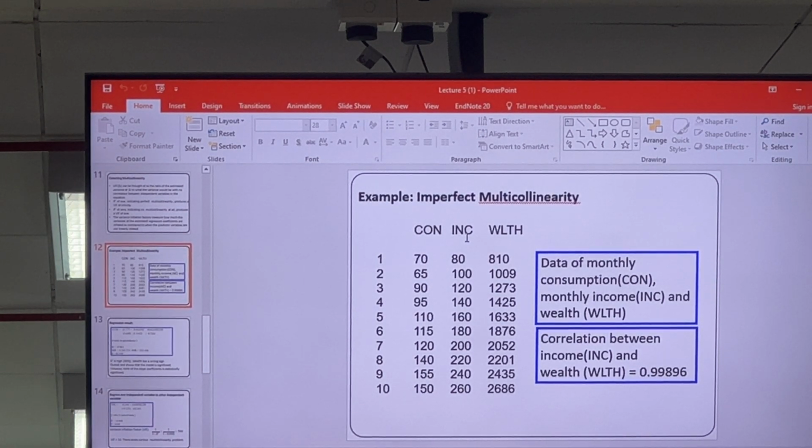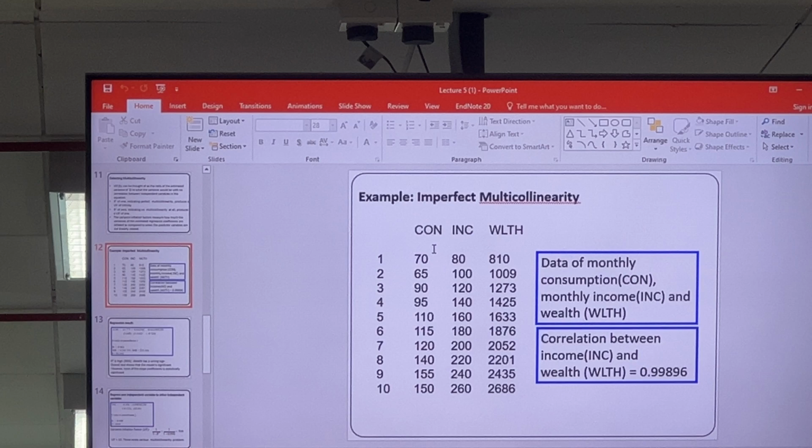And then wealth and consumption, a richer person is supposed to consume more, positive as well. So we expect wealth also to have a positive effect on consumption. So both positive, income positive, wealth also positive.